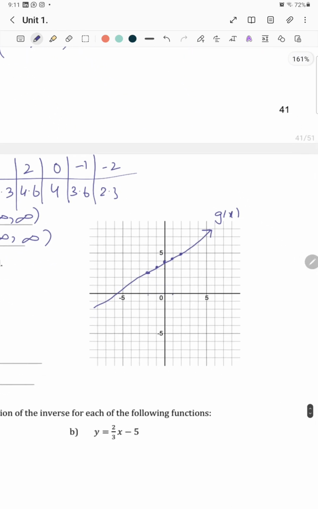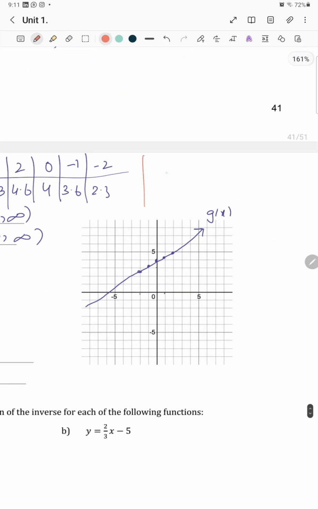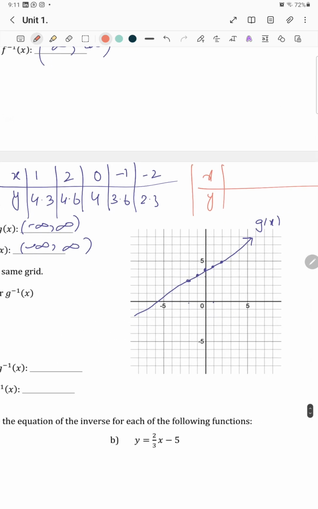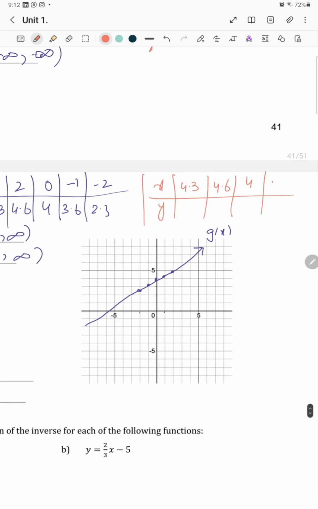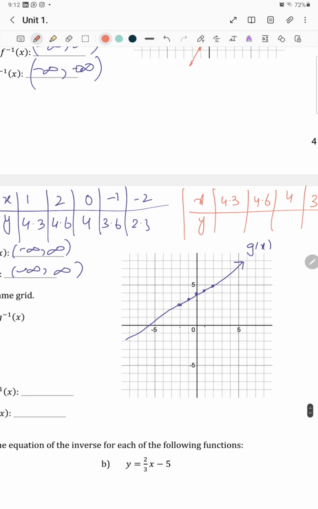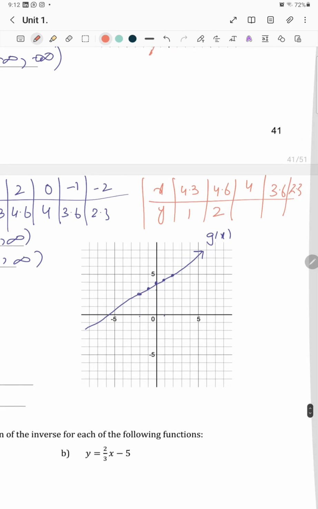Graph g inverse x on the same grid. So doing the opposite: 4.3, 4.6, 4, 3.6, 2.3 goes with 1, 2, 0, negative 1, negative 2.